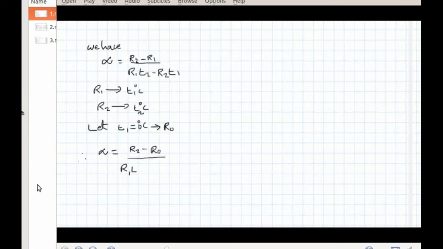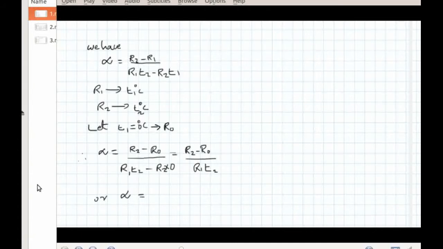So R2 minus R0 divided by R1 T2 minus R2 T1. T1 is 0, so R2 into 0 is of course 0. So what we get is R2 minus R0 divided by R1 T2. Now there is no need of T2 here because we have only one temperature.